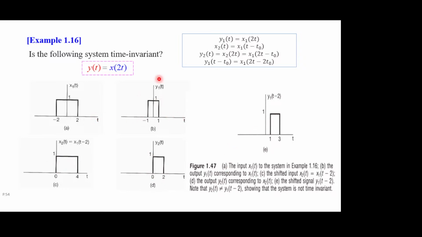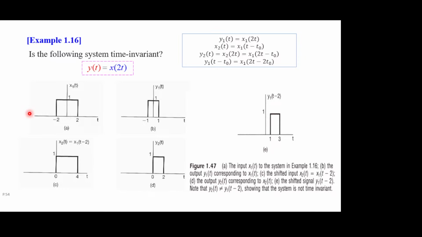But if you just time shift your y1 of t by 2, then you will have a square from 1 to 3. Okay, so this 1 to 3 is different from this 0 to 2. And you can also check it through the algebra here. Okay, so this thing is not time invariant.